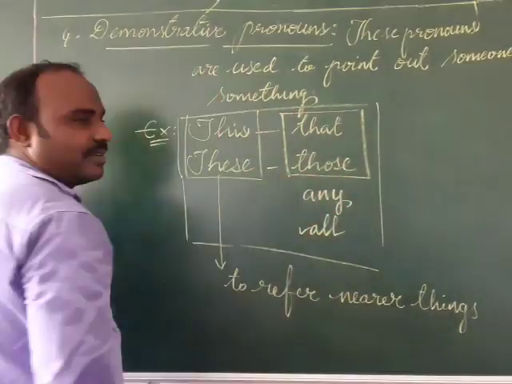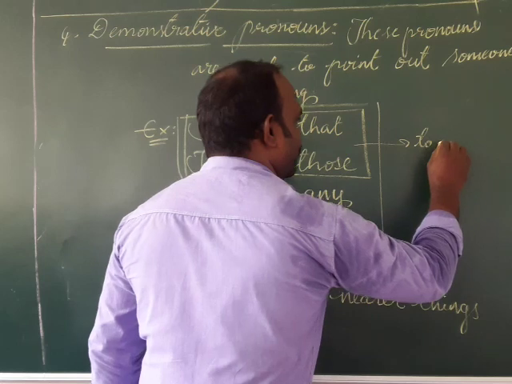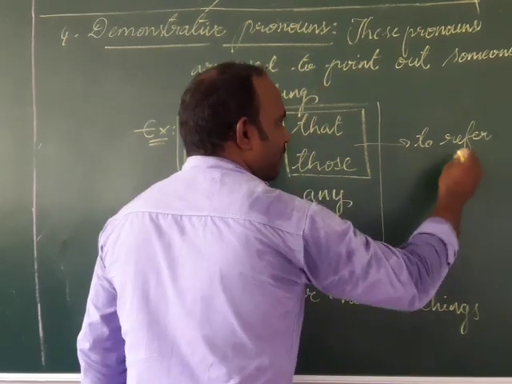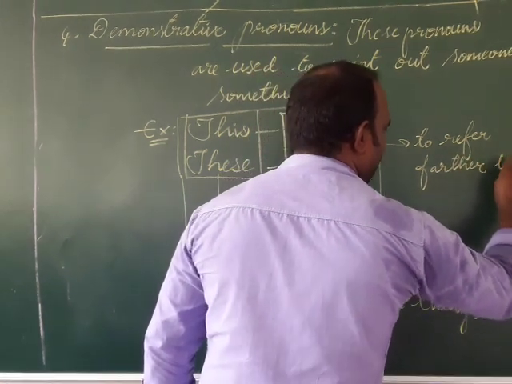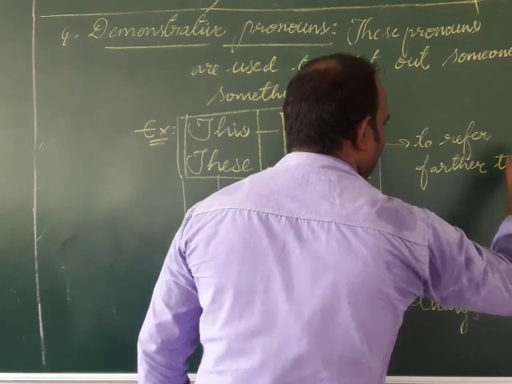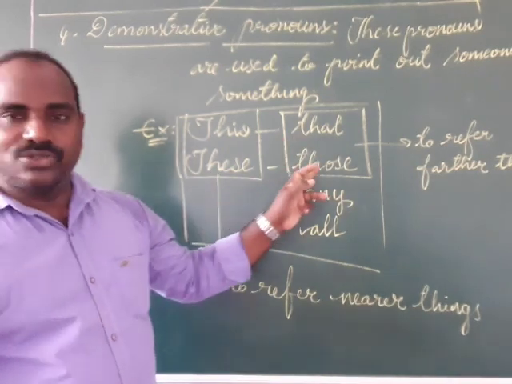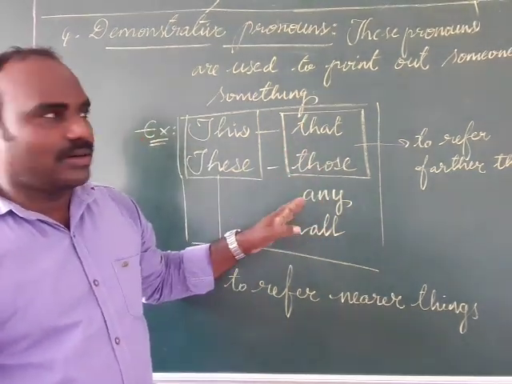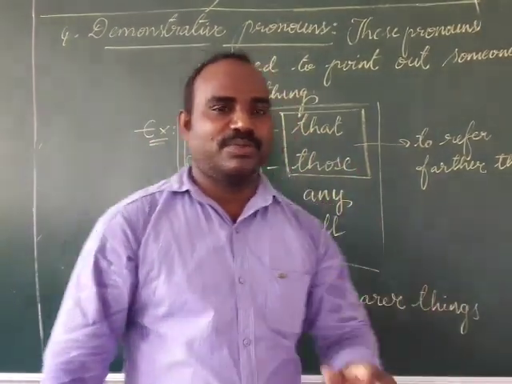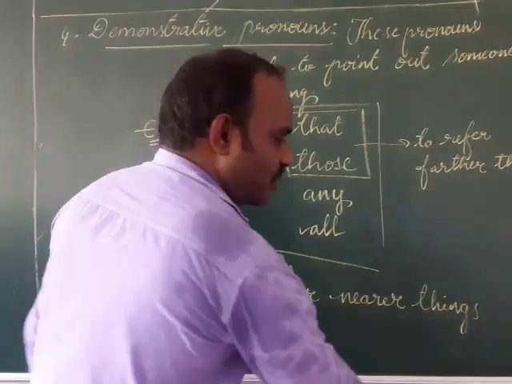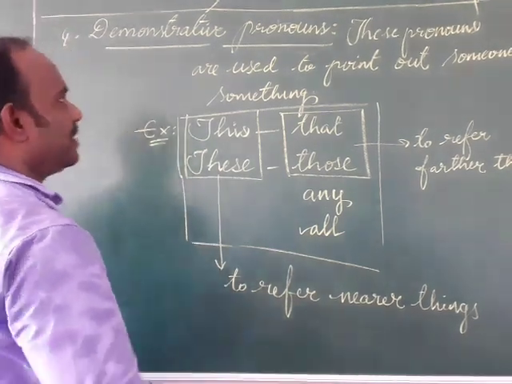And these, what are they? That and those, to refer to things or people further away. Okay? This, that, these, those, any, all, they are called demonstrative pronouns. These are used to demonstrate or point out someone or something. Please note them down in your notebook. And we are going to learn the next one, the fifth one.